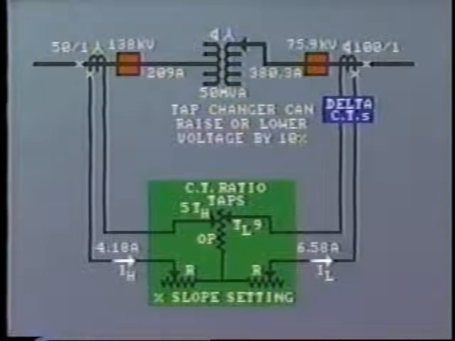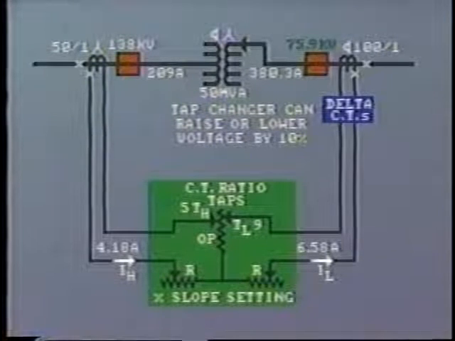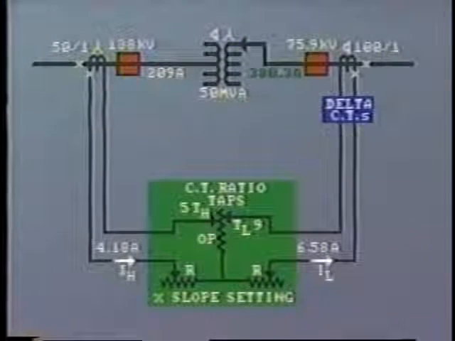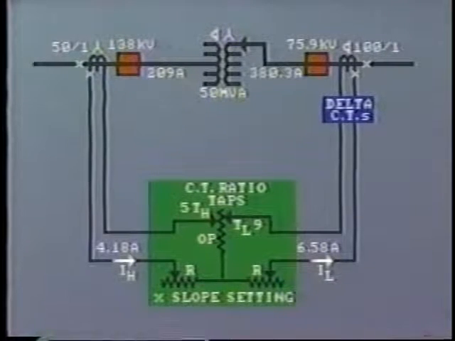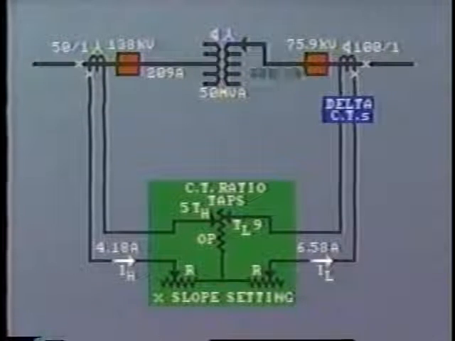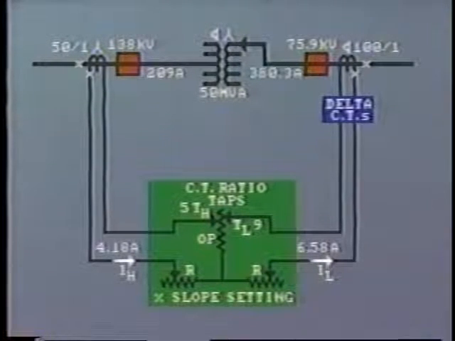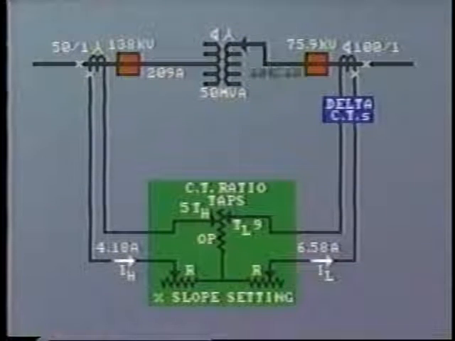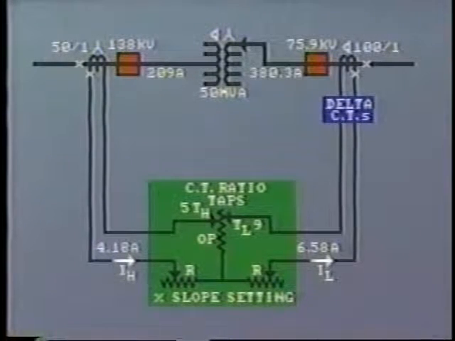On the upper tap, that would be 75.9 kV. The line current in the secondary would now be 50,000 divided by root 3 times 75.9, which equals 380.3 amps.